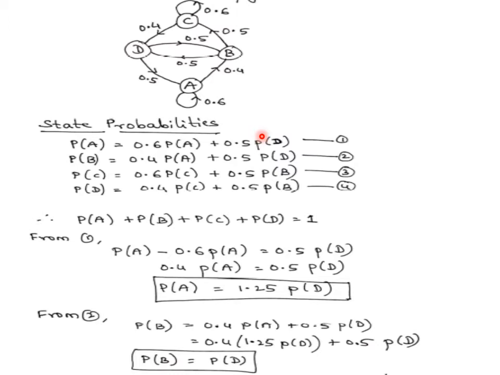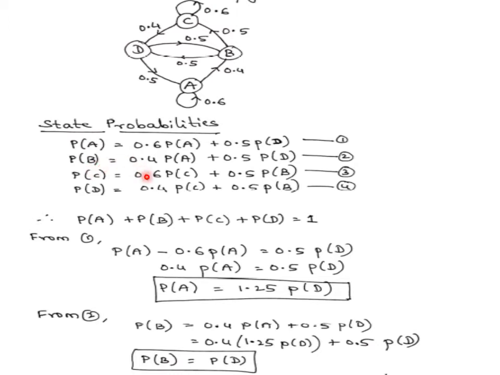Similarly, the state equation at state B is P of B equals the incoming probabilities at state B. So the first incoming probability is 0.4 coming from A and the second one is 0.5 coming from D. So the equation is 0.4 P of A plus 0.5 P of D. Similarly for state C, the incoming probabilities are 0.5 which is coming from B and one more is 0.6 which is coming from C itself.